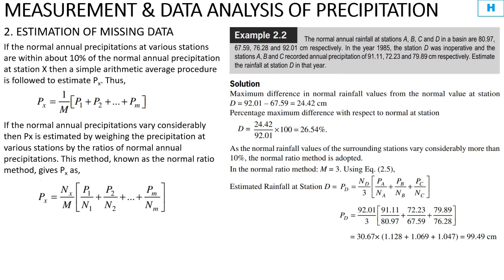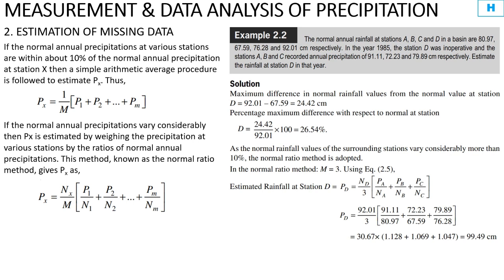And then for station C, yung measurement niya for that year na 79.89, divide mo dun sa normal depth niya na 76.28. Then this quantity i-multiply dun sa normal depth ng missing station over 3. 3 dahil tatlo yung remaining rain gauge station. So doing the operation, you get the estimated precipitation depth ni station D na 99.49 cm.